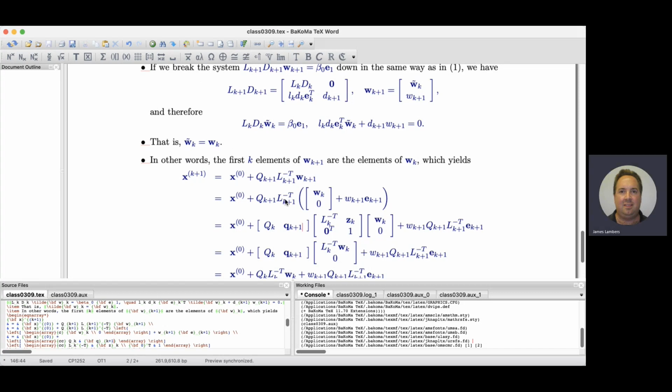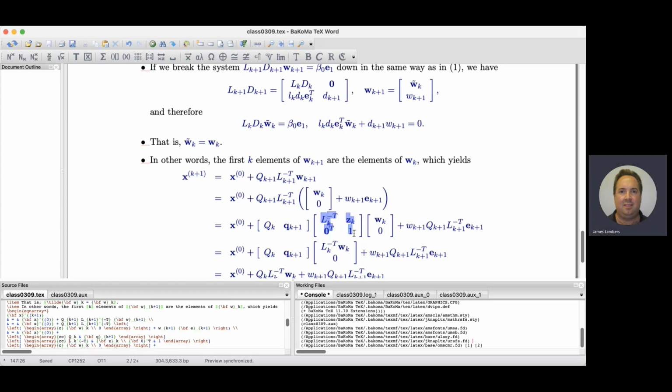And then LK plus 1 inverse transpose, I write as a block structure. Because LK plus 1 and therefore LK are lower triangular, so the transposes are upper triangular, this k by k block of the inverse is just LK inverse transpose. So it has this block structure where zk is some vector as yet unknown.